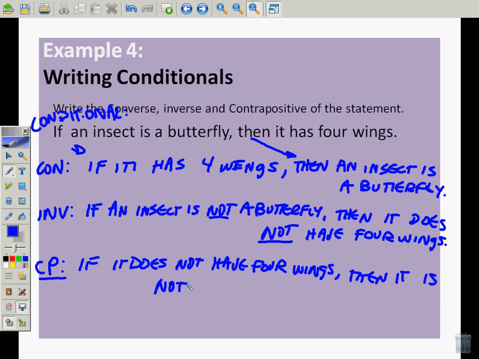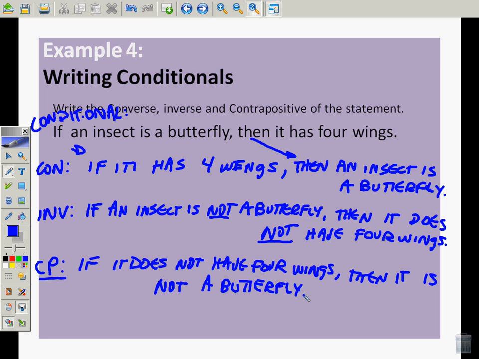Okay? And so we see that we have these 4 statements that can happen. Converse, we switch them. Inverse, we negate them, leaving them where they were in the conditional. Contrapositive, we switch and negate. Here's how they are related. And once again, you can go back if you need to watch that again. Here's how we relate them.